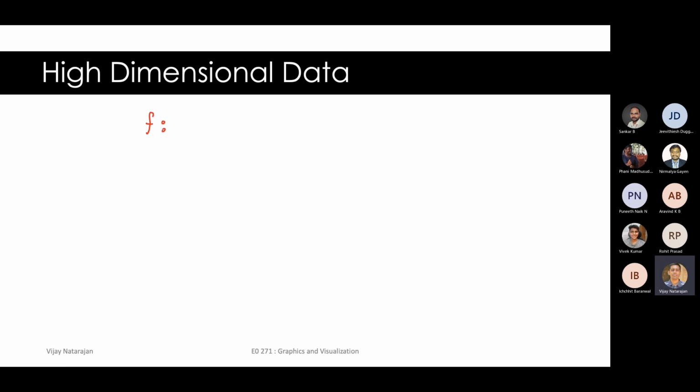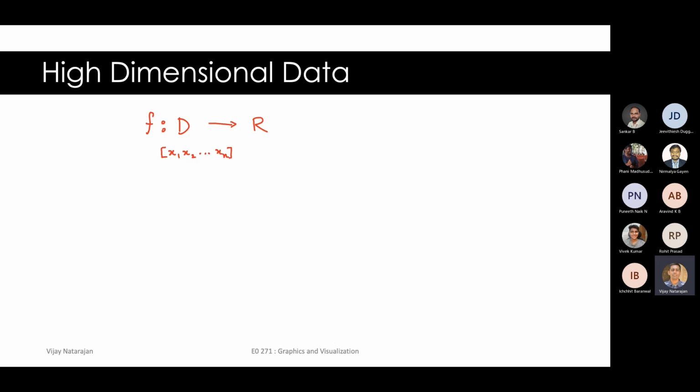But now let's look at f that goes from some domain to some range. So let's say that the domain is some space in higher dimensions, where every point can be specified using n coordinates.